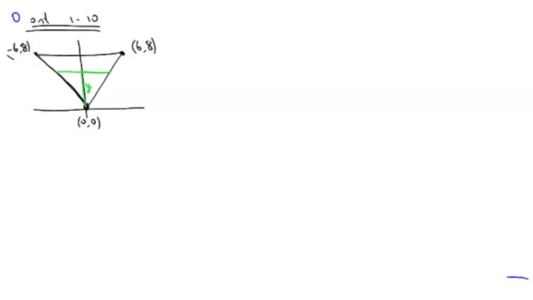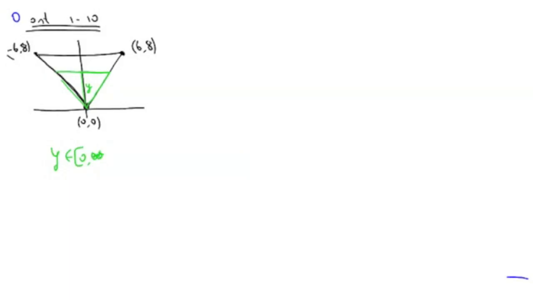How do I find the area of the green triangle according to the height y? It's anywhere between 0 and 8, so y is on the interval 0 to 8.